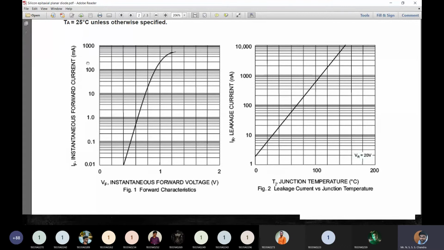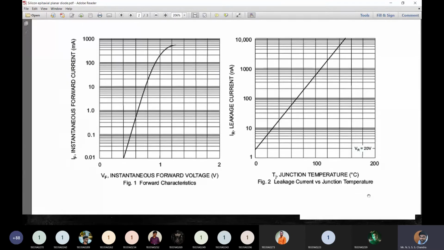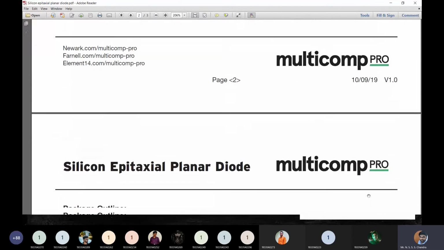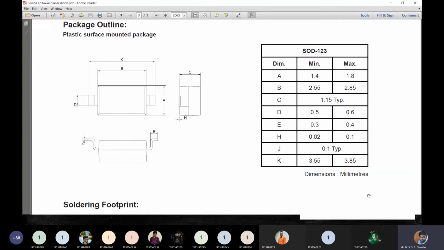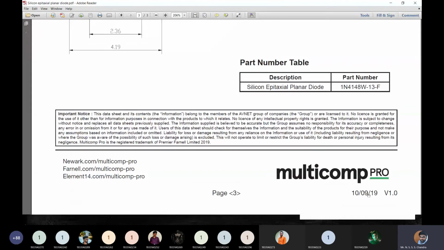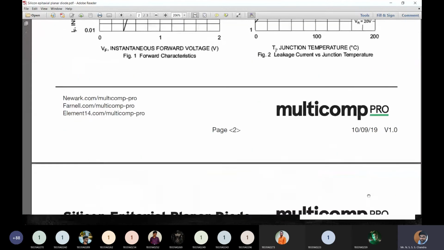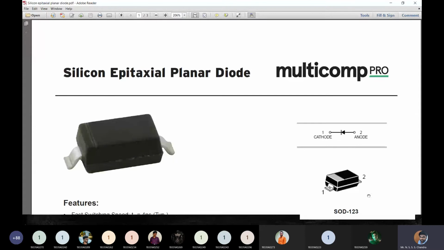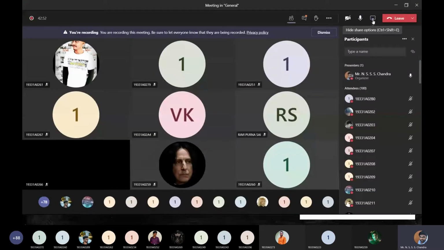Leakage current versus junction temperature characteristics are also given. A lot of data can be obtained from a manufacturer's specification sheet, or data sheet in short. I'll go back to my presentation.